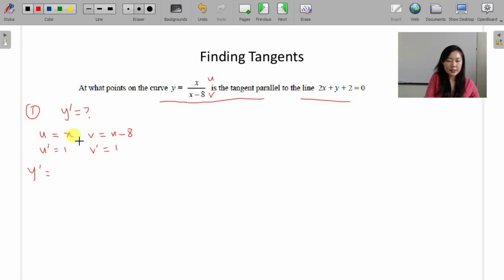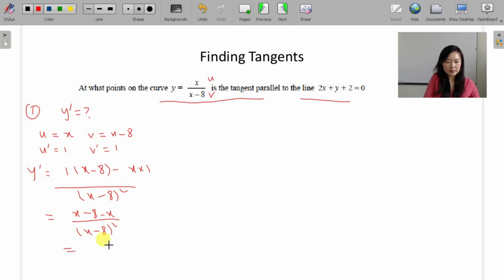So vu dash minus uv dash over v squared. All right, so that's it.